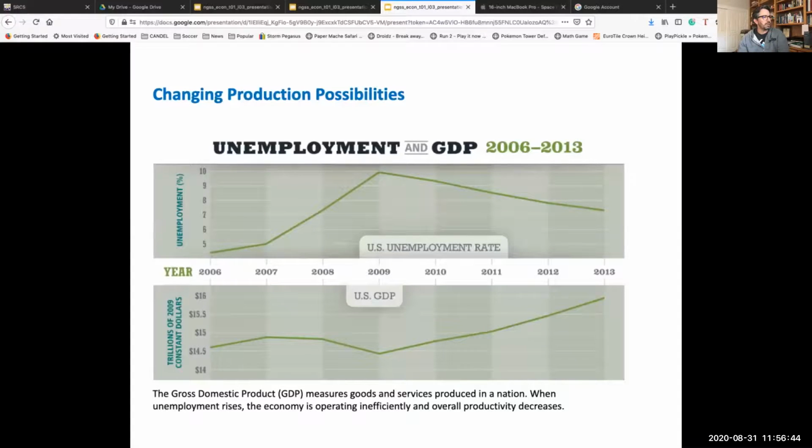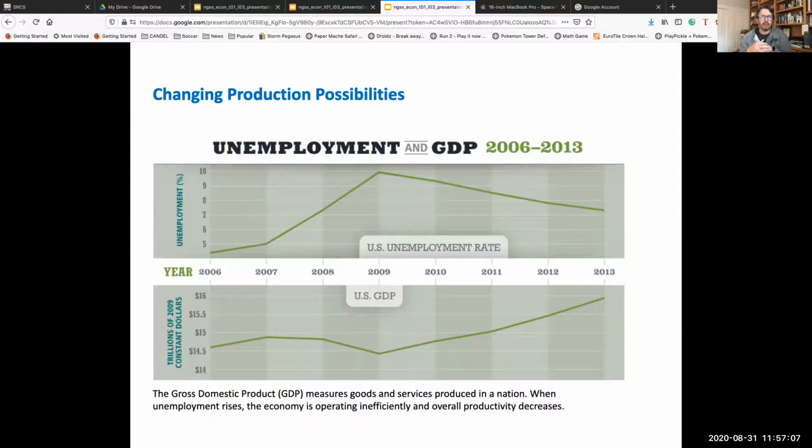All right, so here's a couple graphs that are commonly used when we talk about the economy. Is the economy good or is the economy bad right now? This is what you're going to hear a lot about with politics. Is the economy good under Trump or is it bad under Trump?